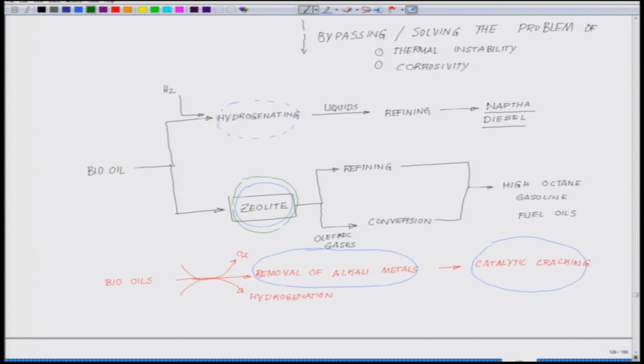Most of you in your day-to-day life are using zeolites. You have seen different kinds of water purifiers where you have these cation exchangers, anion exchangers. Those are nothing but zeolites. What are zeolites and what is the literal meaning of it? It is very interesting.